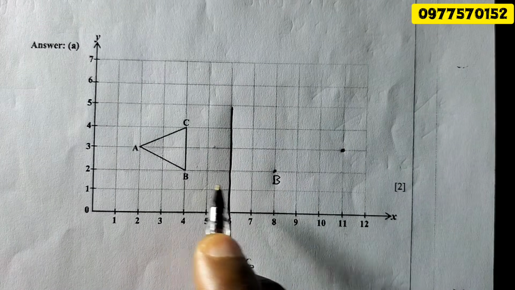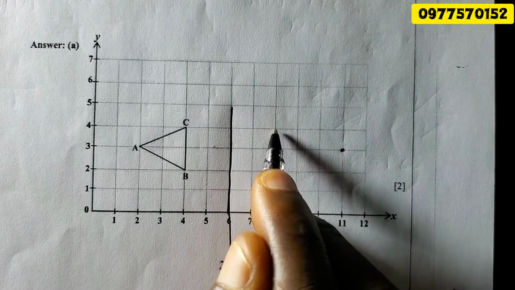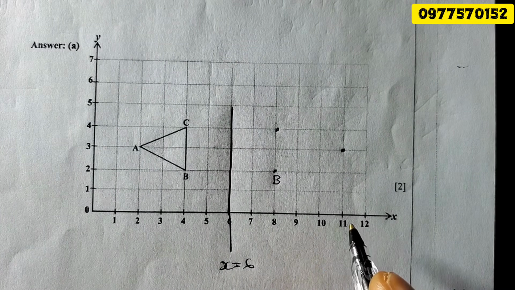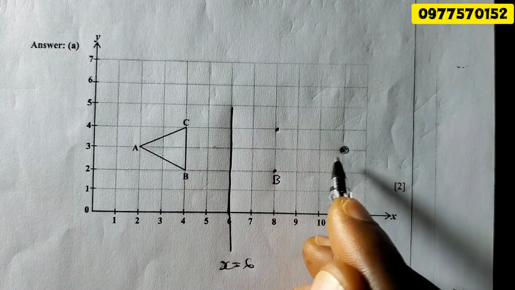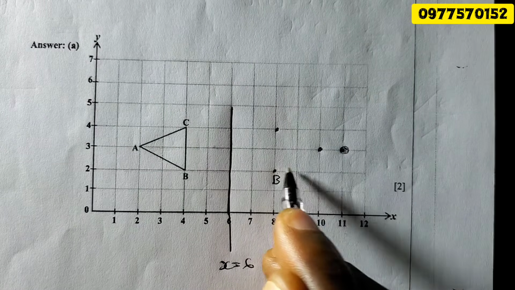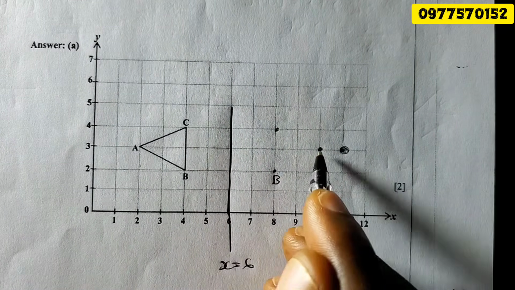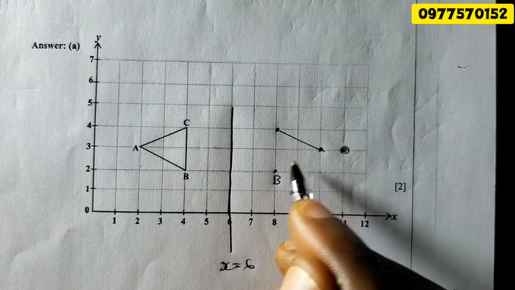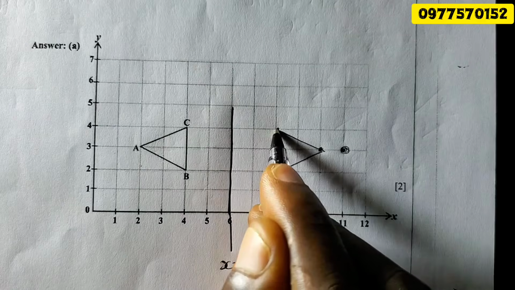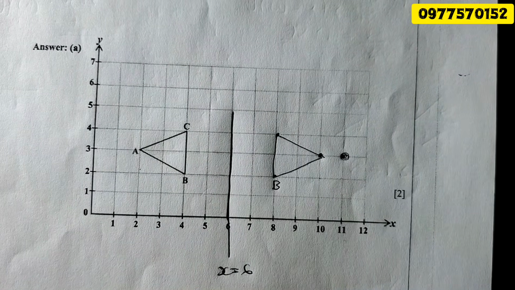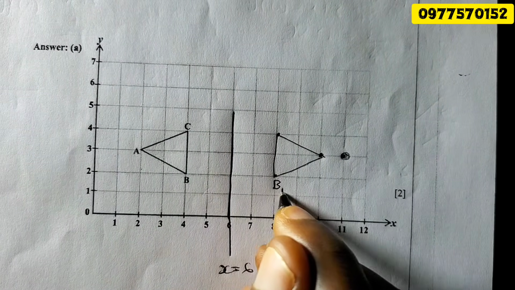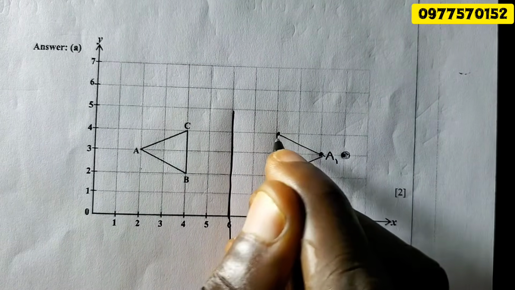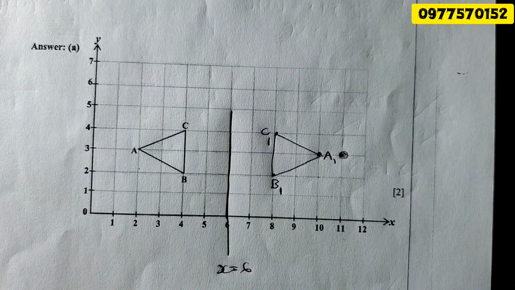All right, sorry, so it is here. 1, 2, even here 1, 2, then join these points with a ruler nicely. And so this is B1, this is A1, this is the image, by the way. This is C1. That's all.